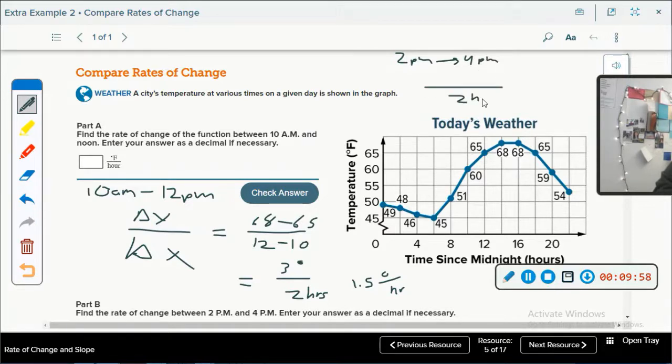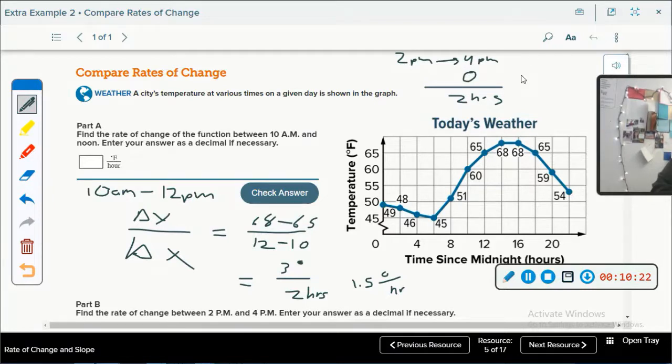I'm just going to do this the short way that I would normally do it. And from 2 p.m., that's 12. I know this is 14, but 1400 hours would be, that's right, military time. So that's 2 to 4 is right here, 2 to 16, or 14 to 16. So that's there, and it's 68 to 68, which is a change of 0.